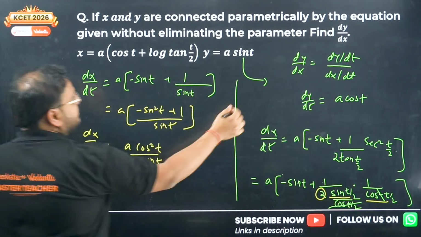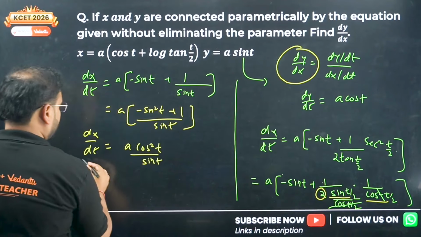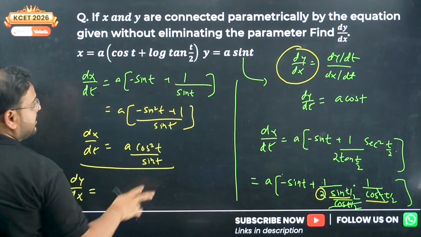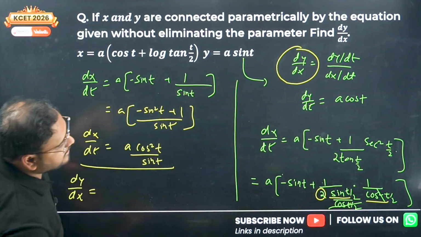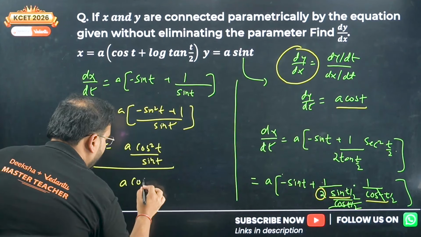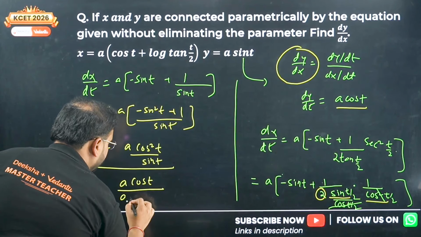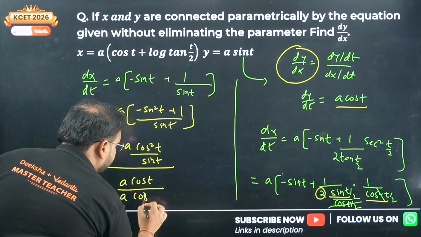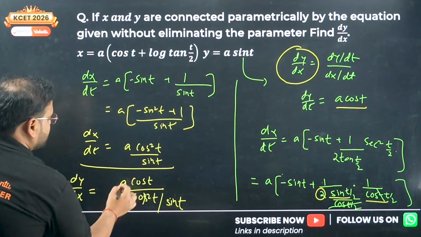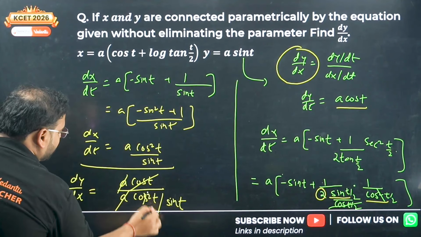I'm looking for dy by dx, so use that last. dy by dx will be equal to this particular value. What is that? a cos t divided by a cos square t upon sin t. So a cancels, and one of the cos cancels.